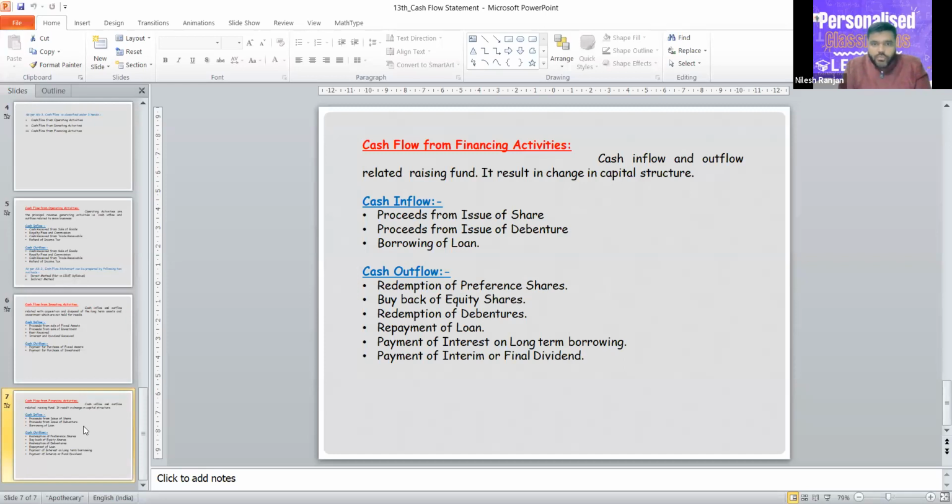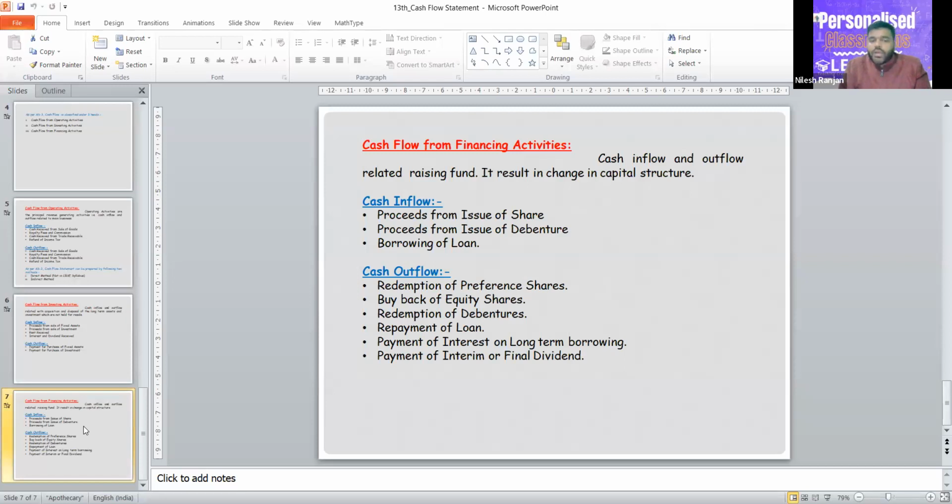So cash inflow: proceeds from issue of share, proceeds from issue of debenture, borrowing of loan, and all these items will be in cash. You have to remember one thing, that these items should be in cash. If you are doing these transactions not in cash, in some other things, then it should not come in cash flow statement.